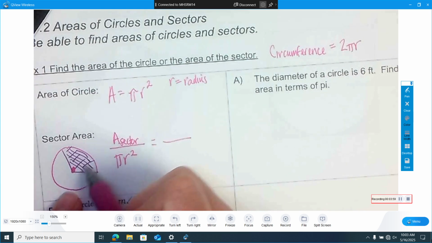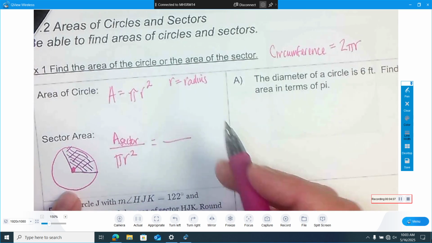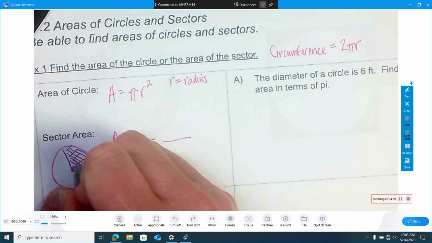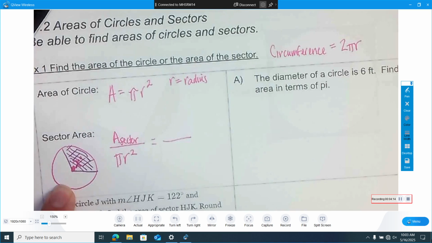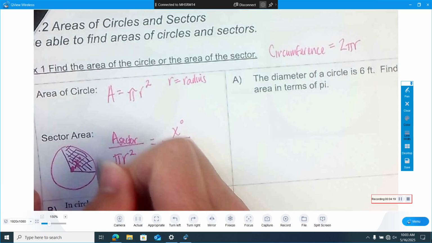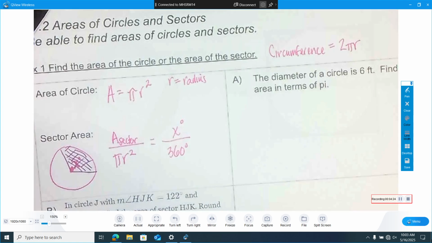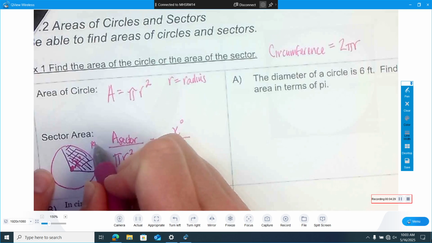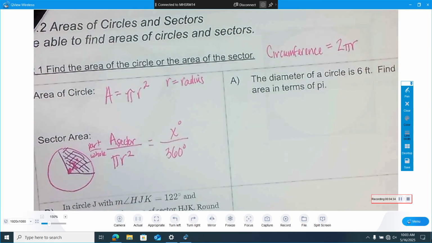So it's just a little piece of the whole area, which we know the whole area is pi r squared. And maybe we know that this angle is a central angle, and maybe it's x degrees. Well, that'd be x degrees out of how many degrees in a circle? 360 degrees. So again, we create this little proportion that's really just comparing part of the circle to the whole thing, okay? A part to a whole.